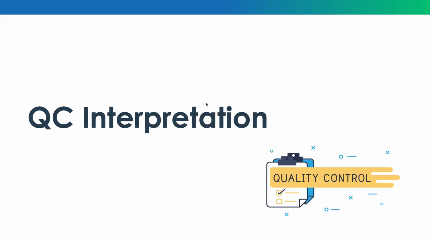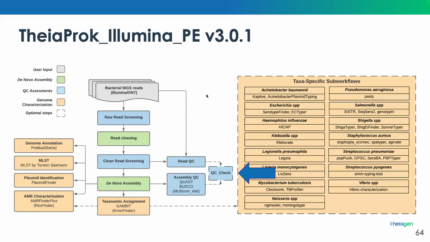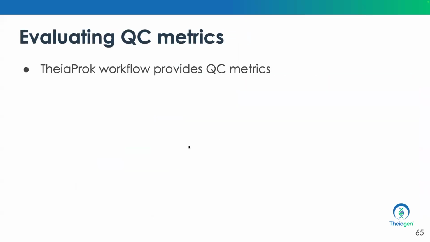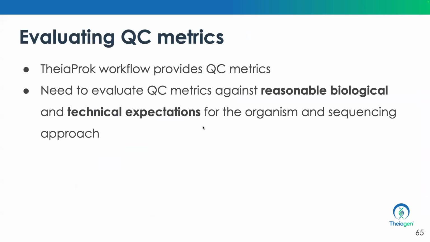So on the QC interpretation, we have an optional step here, where in this case, you can provide your own QC metrics. So again, if you need to evaluate your own QC metrics on TheiaProk, you need to understand that these have to be based on reasonable biological and technical expectation for the organism and the sequencing approach that you are undertaking.